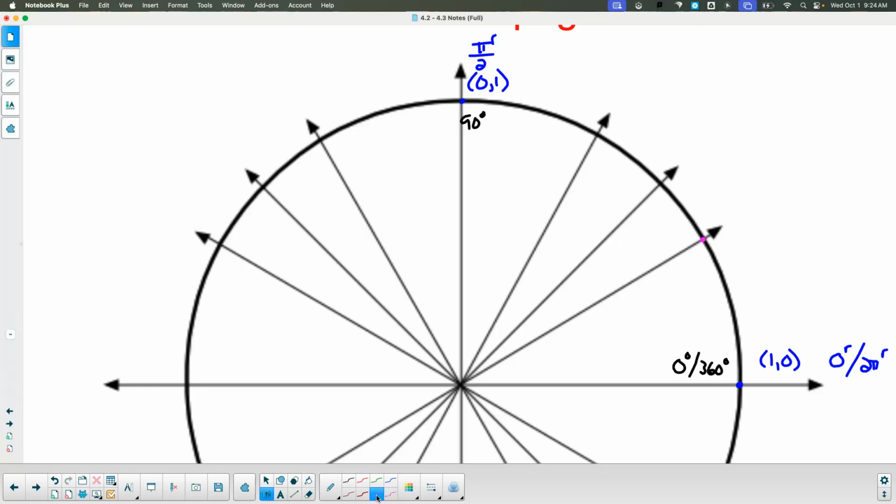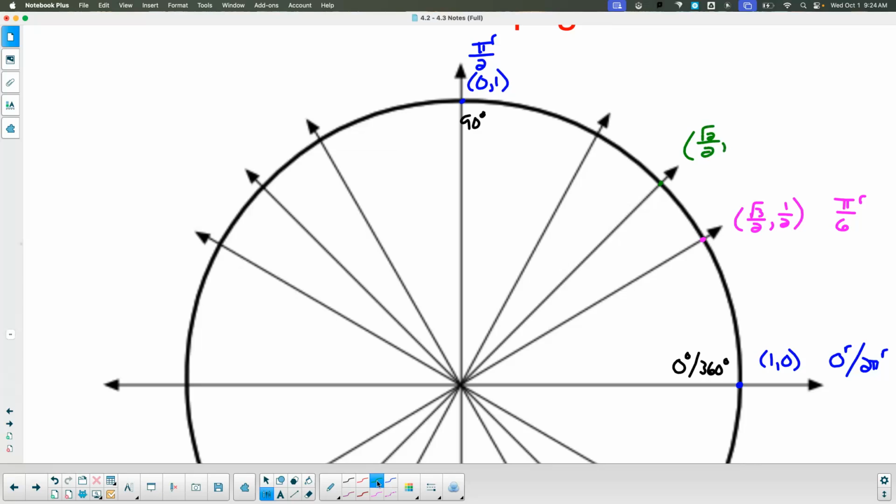Then I went here. Here it was square root 3 over 2, 1/2, and that was pi over 6 radians. After I get them all in there, I'll show you how I really memorized it. Okay. Then went here.